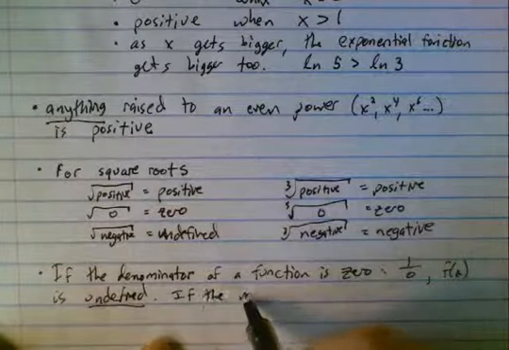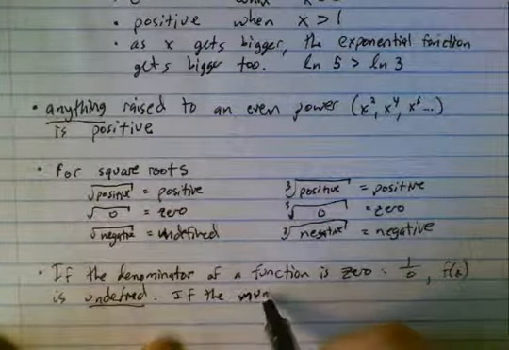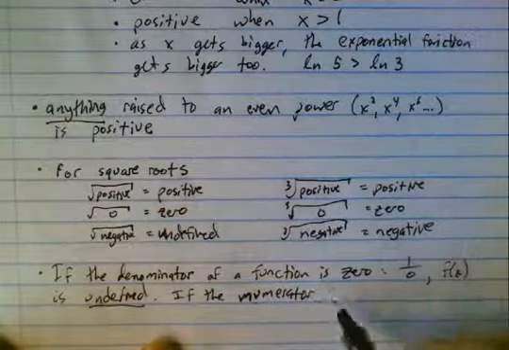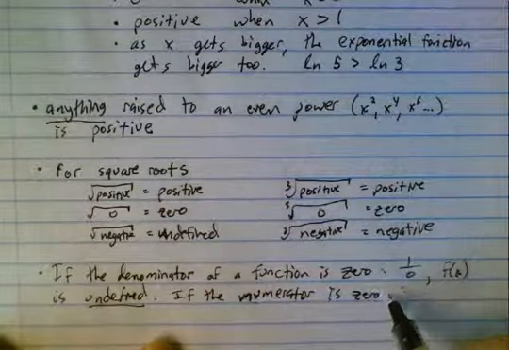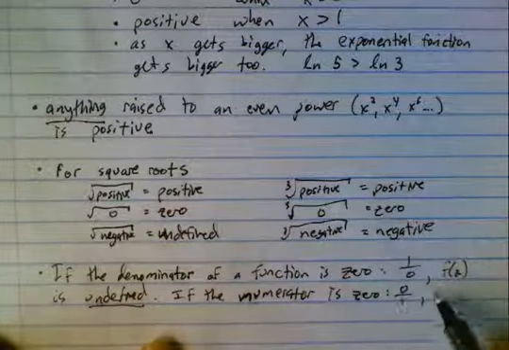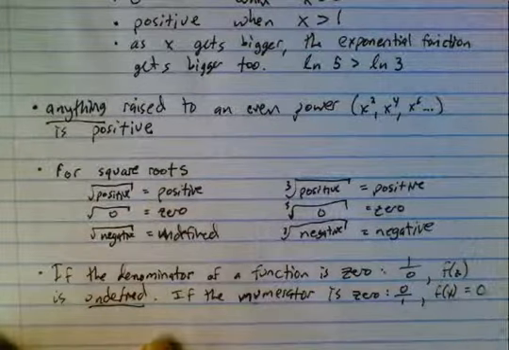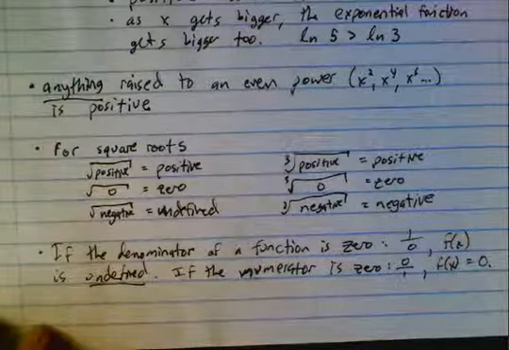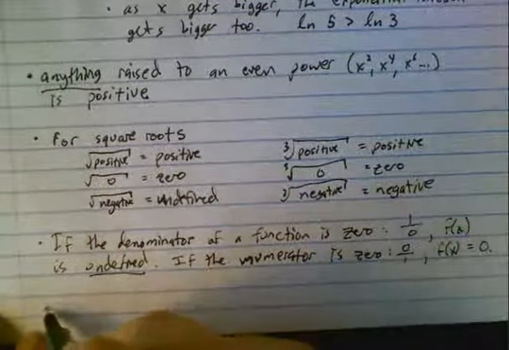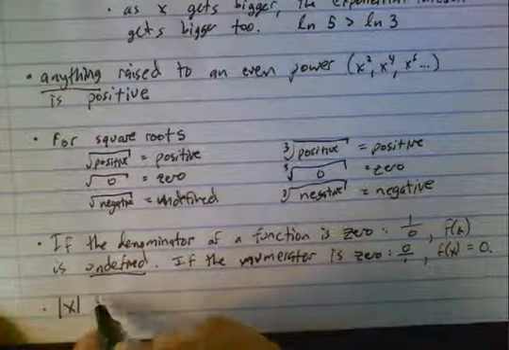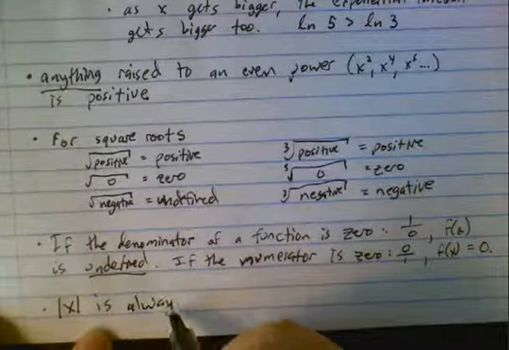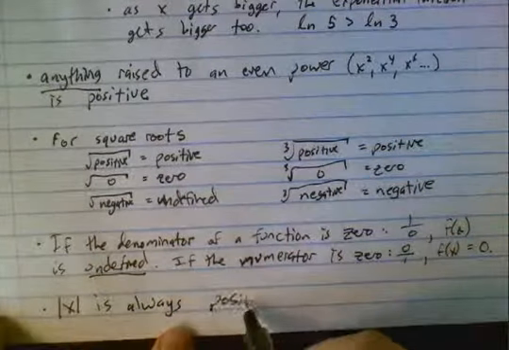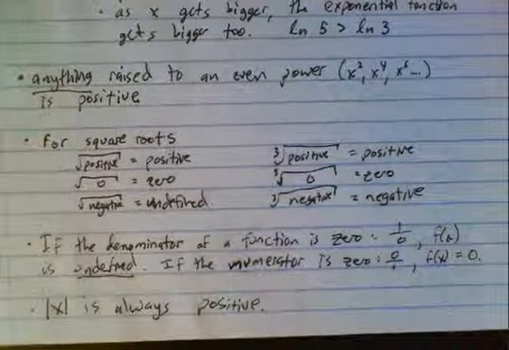If the numerator is 0, so like 0 over 1, f of x equals 0. Finally, absolute value of x is always positive. So we're going to use these rules to create some sign charts.